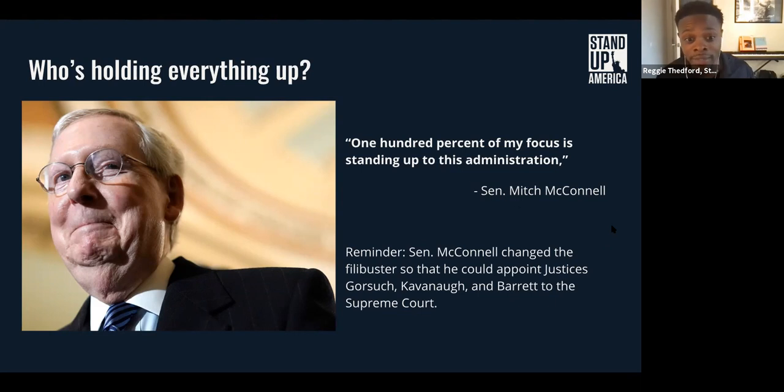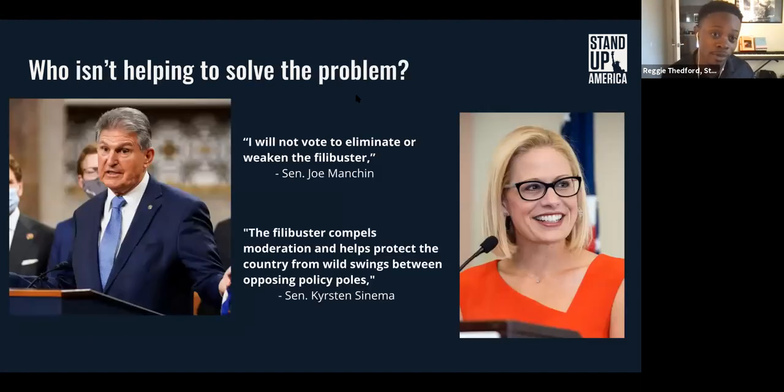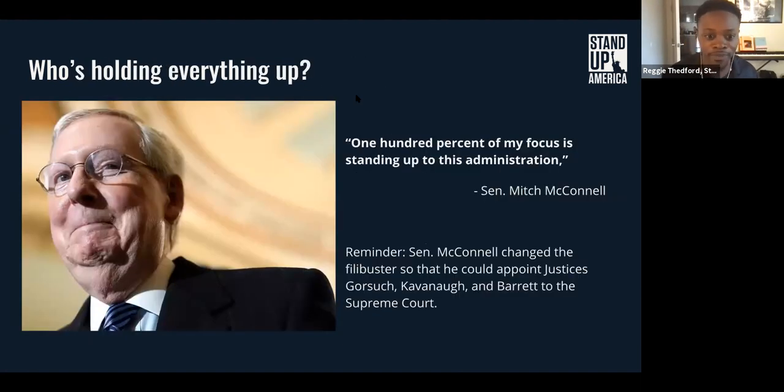Additionally, in the last Congress, when Republicans held 53 seats compared to the Democrats' 47, that so-called majority represented 15 million fewer people than the Democratic so-called minority. To put it another way, 53 senators represented 48% of the population, whereas 47 Democratic senators represented 52% of the population.